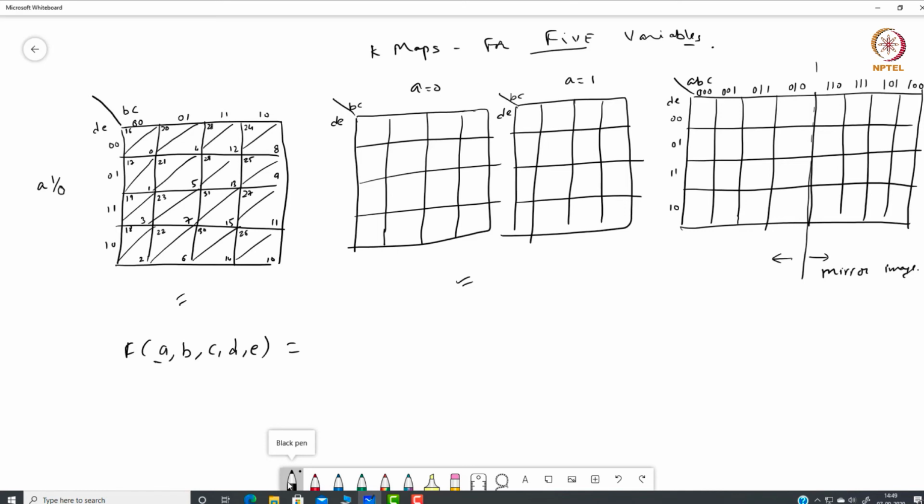Whatever is the bigger cube, we take as a prime implicant, and out of the prime implicants we will find the essential prime implicants.